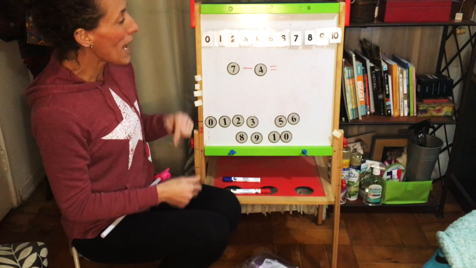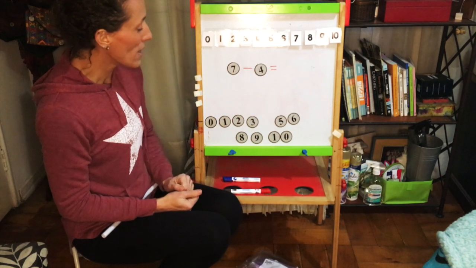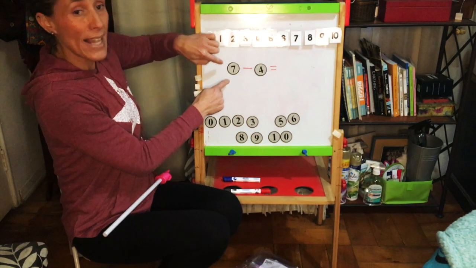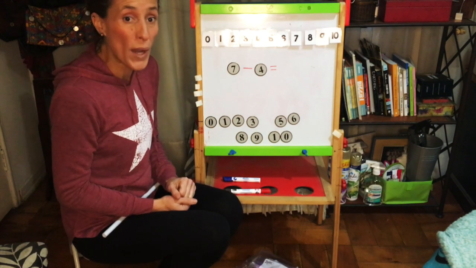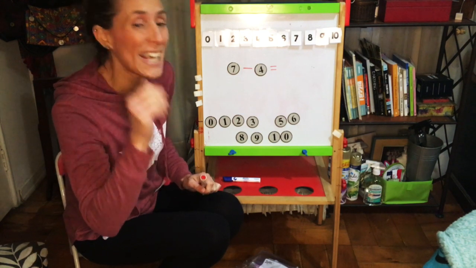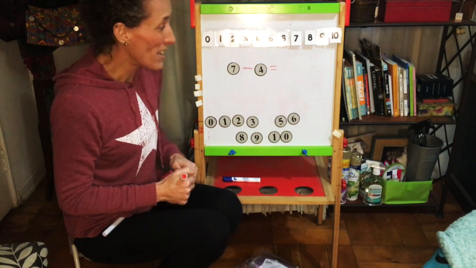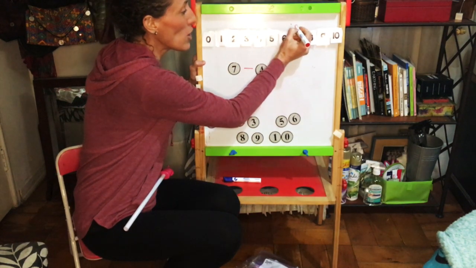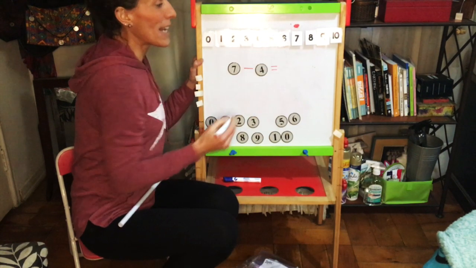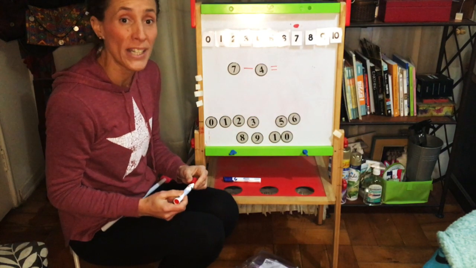So where do I have to begin in the numbers to count back? This number will tell you where to begin. And that number is, yes, 7. So I will make a dot so that I can see and not forget that I'm going to start from number 7.